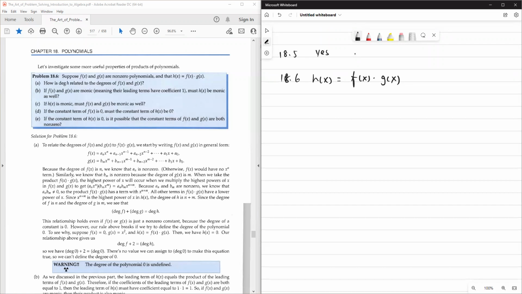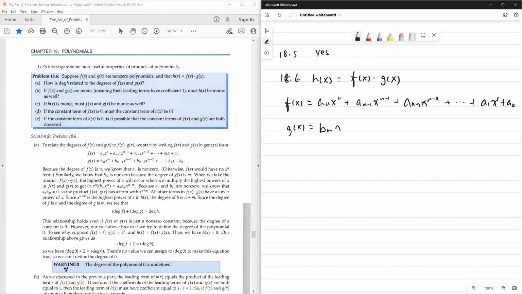Suppose we say f of x equals a_n x^n plus a_(n-1) x^(n-1) plus a_(n-2) x^(n-2) plus dot dot dot plus a_1 x^1 plus a_0, and g of x equals b_m x^m plus b_(m-1) x^(m-1) plus b_(m-2) x^(m-2) plus dot dot dot plus b_1 x^1 plus b_0.